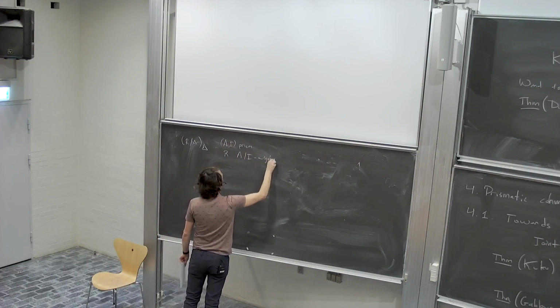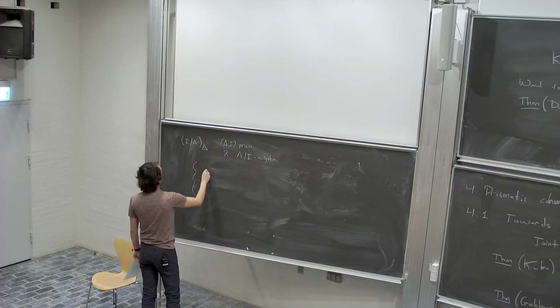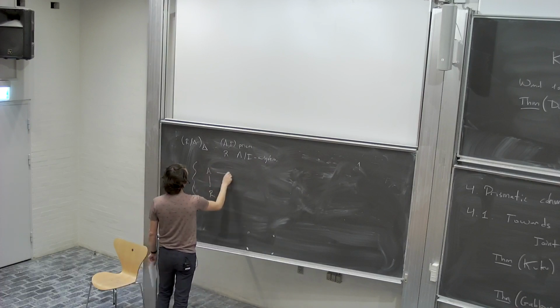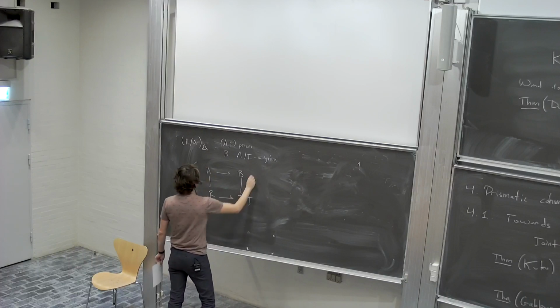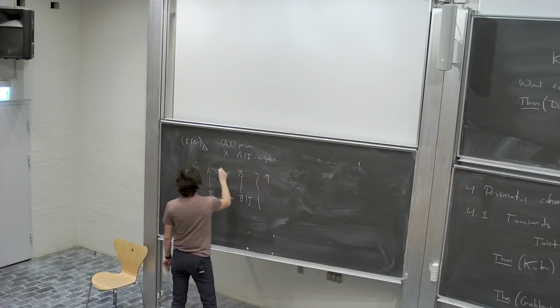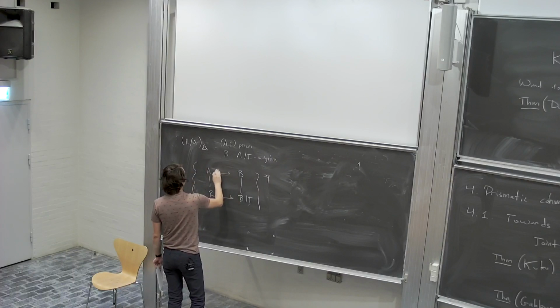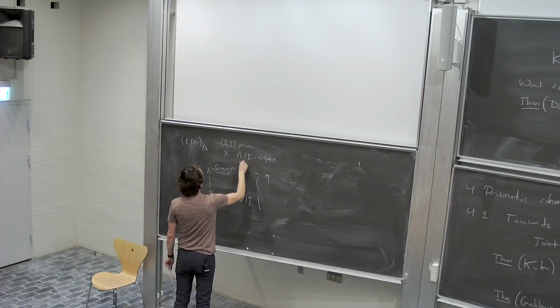So this is sort of opposite to diagrams like this, where this is a delta ring map, and this is a prism as well.